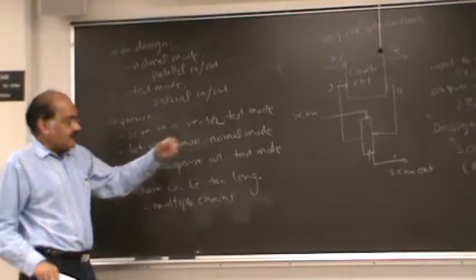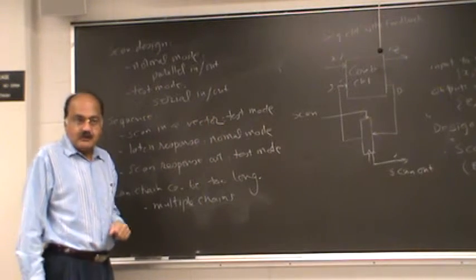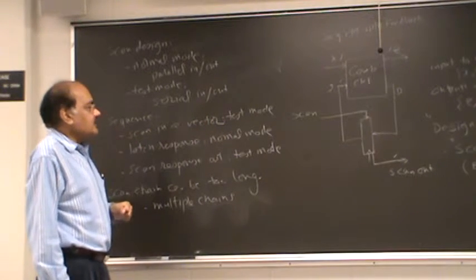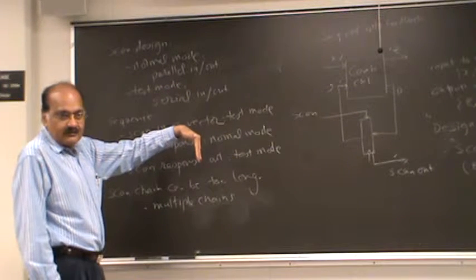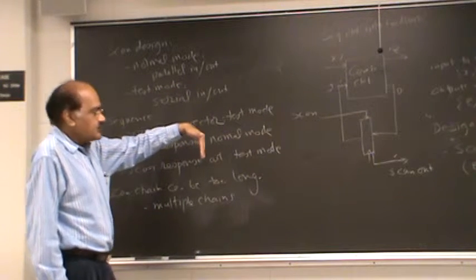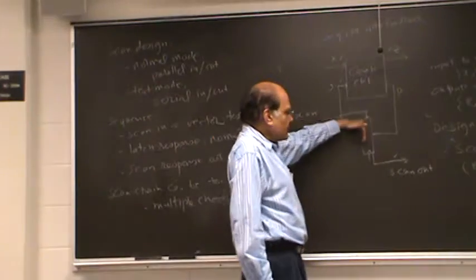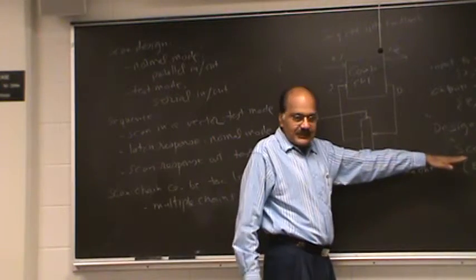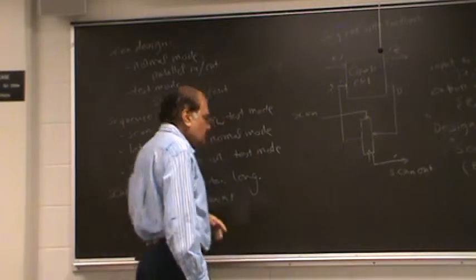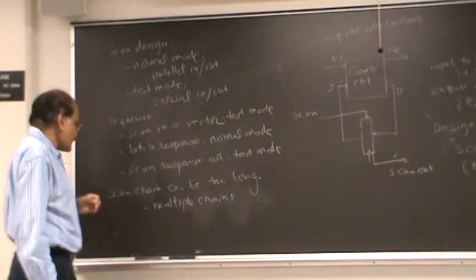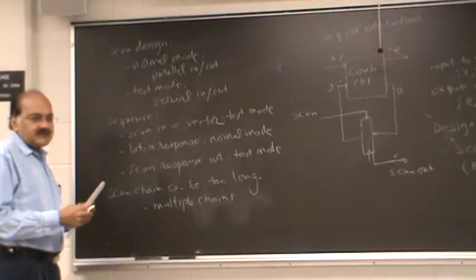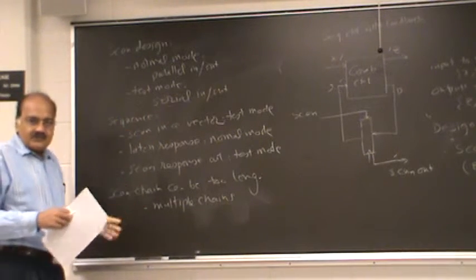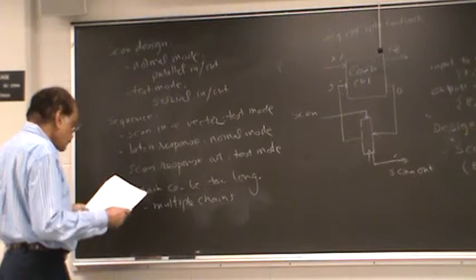Remember, if you have, let us say, 100 flip-flops there, it is going to take you 100 clock cycles to scan in the 100 state variables, and it is going to take you 100 clock cycles to scan the values out, so that is going to take time. So one possibility is you divide that into multiple scan chains, so you scan them in parallel and take them out in parallel.